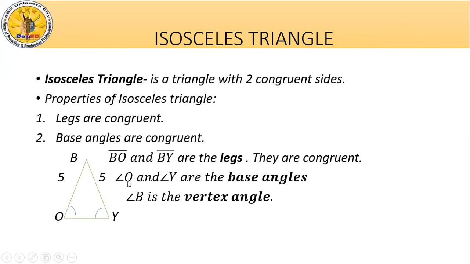Angle O and angle Y are the base angles. So for example, if angle O is 70, therefore angle Y is also 70 degrees. Angle B is the vertex angle.